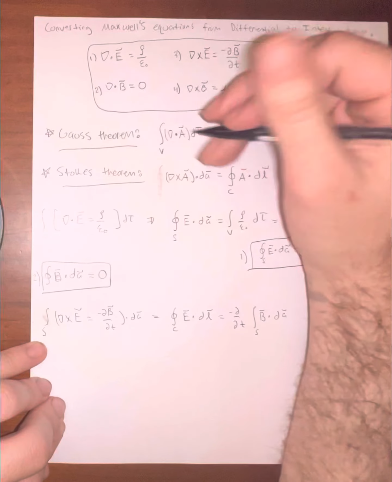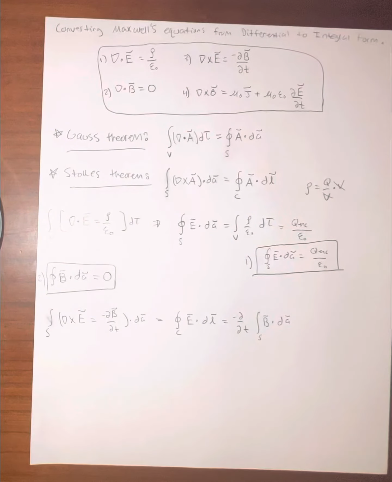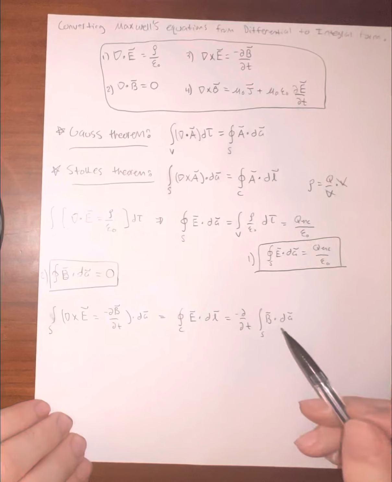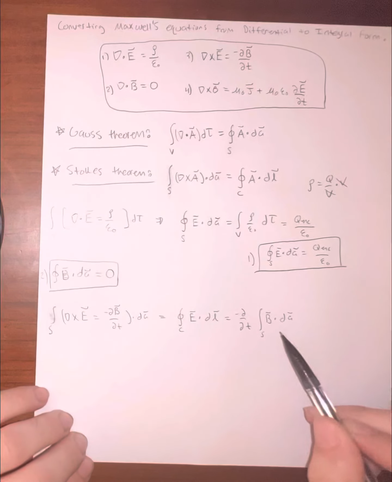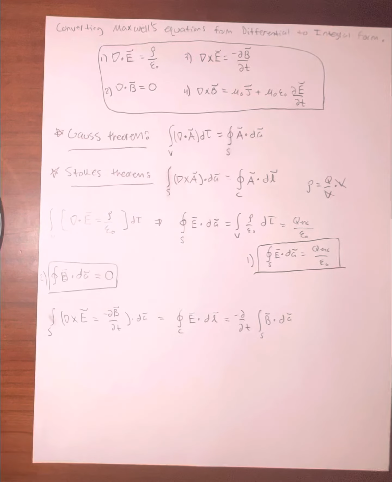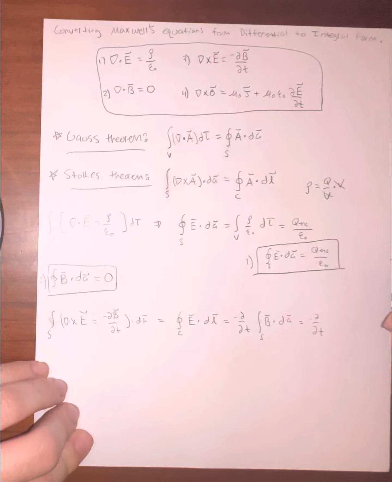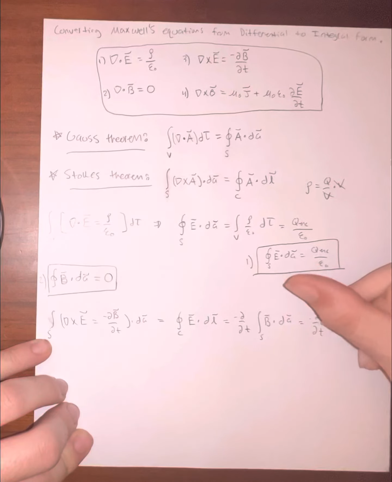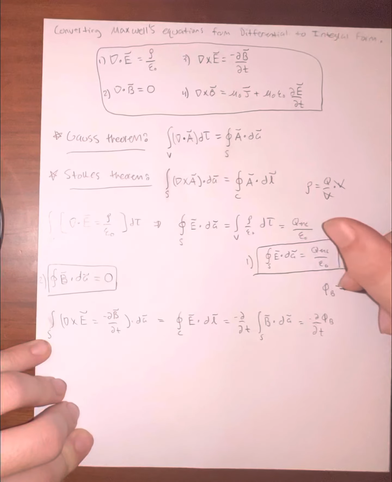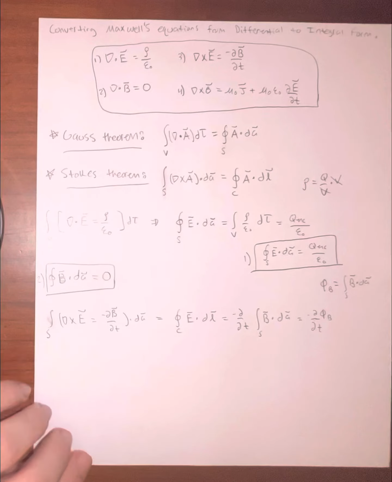This is the integral over an open surface. Because if this were closed, then B dot dA would be 0. So integrating B dot dA over an open surface is non-zero. That's the magnetic flux. So this is just negative d/dt of phi B, if we define phi B to be the open surface integral of the magnetic field dotted with the area.